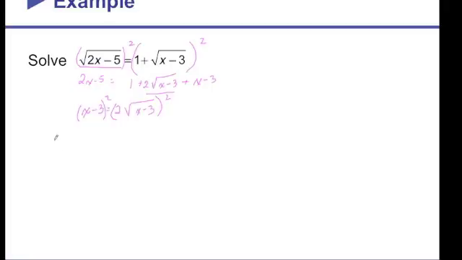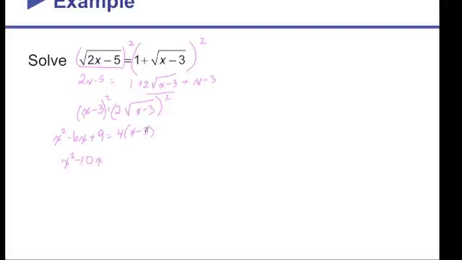Now x minus 3 squared: square the first term, x squared. Multiplying together, negative 3x, double it, negative 6x. Square the last term, plus 9, equals, over here, the square, I give it to both the 2 on the outside and the square root. So 2 squared is 4 times the square root of x minus 3 squared is x minus 3. Now I want to get it on one side equal to 0: x squared, this will become a 4x, move it, negative 10x.